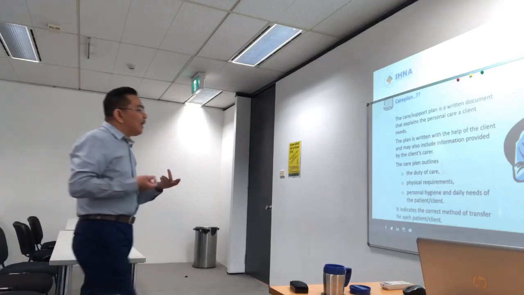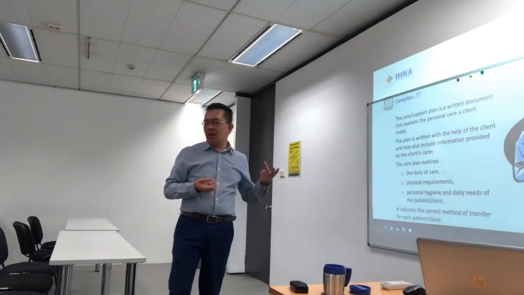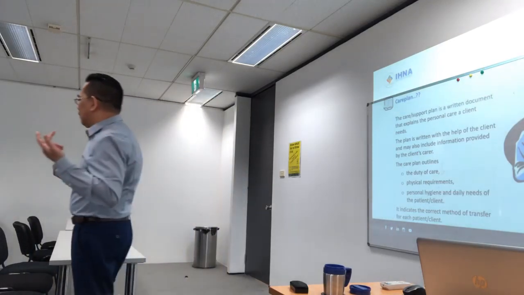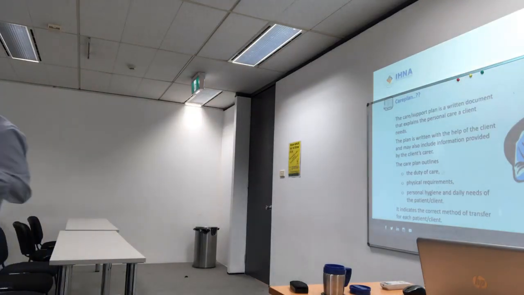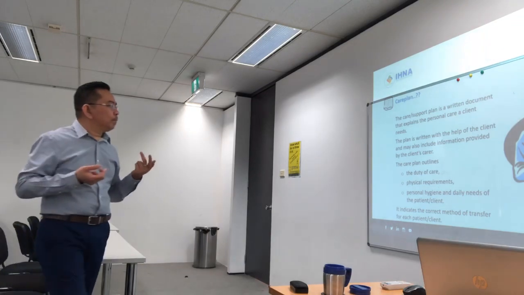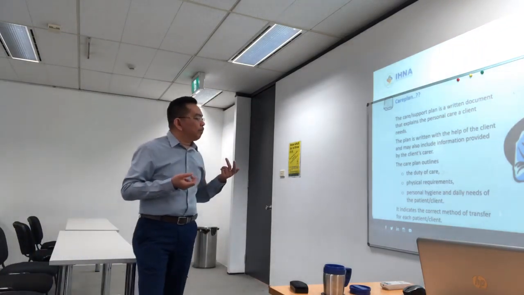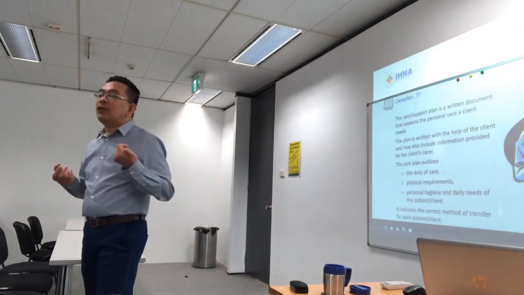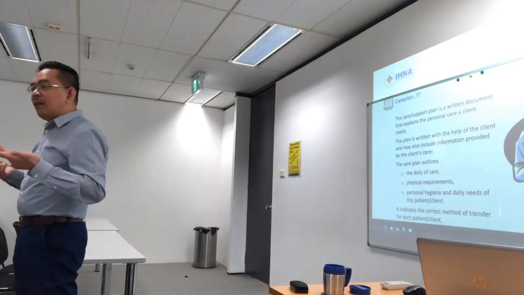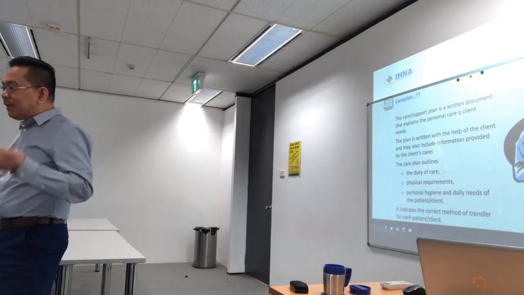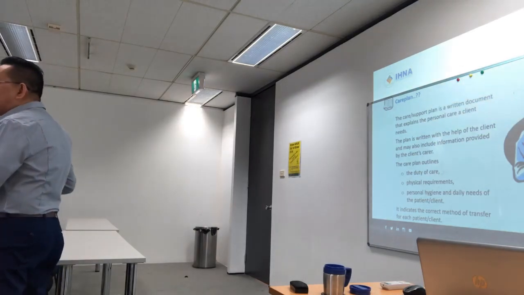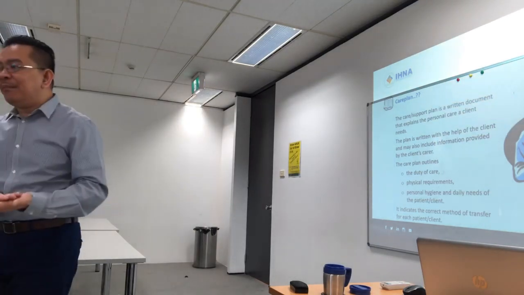Okay, physical requirements. What is your understanding about the physical requirements? Does your resident or patient need a mobility aid to be able to mobilize themselves? Do they need special equipment for you to be able to transfer them?